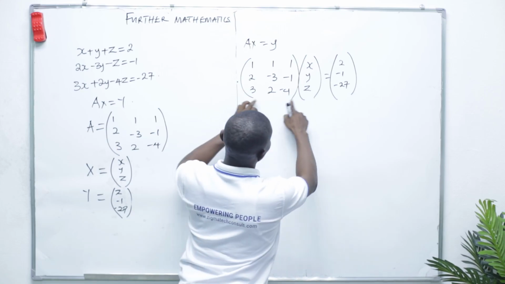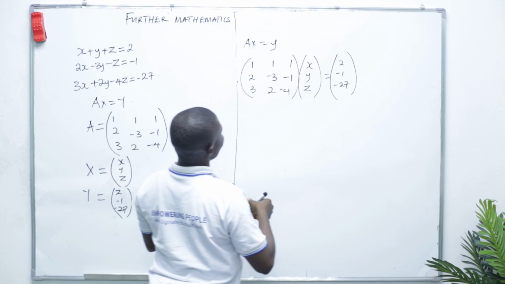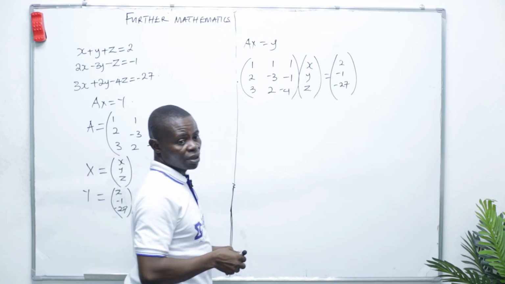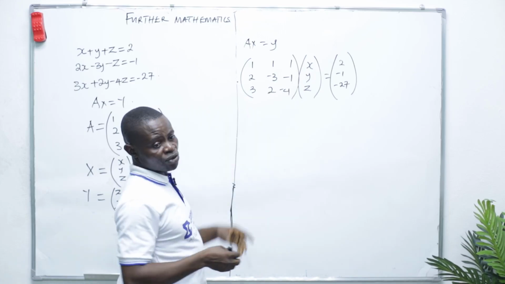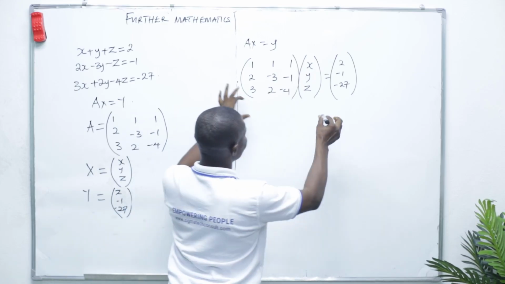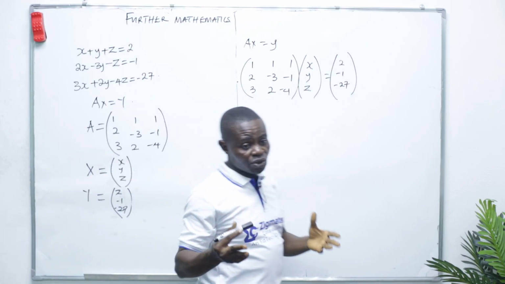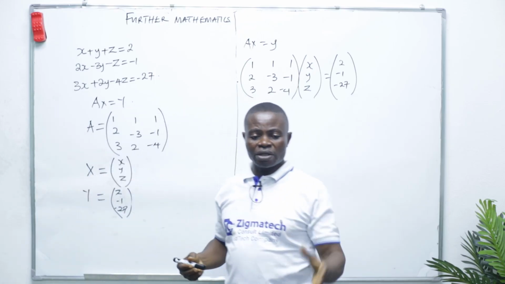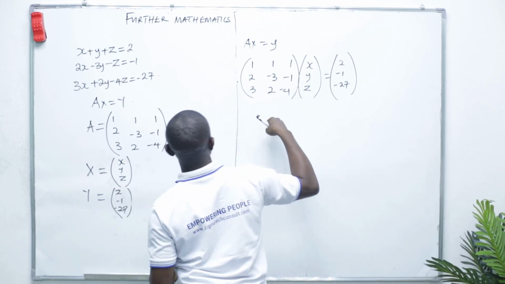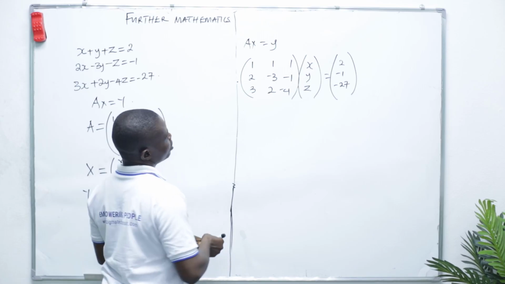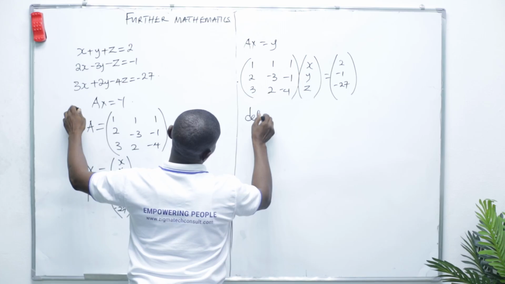So now, I'll have to go to my cofactor. Remember what I told you, you can do cofactor first, or you can decide your determinant first. So now, I want to get the determinant first.